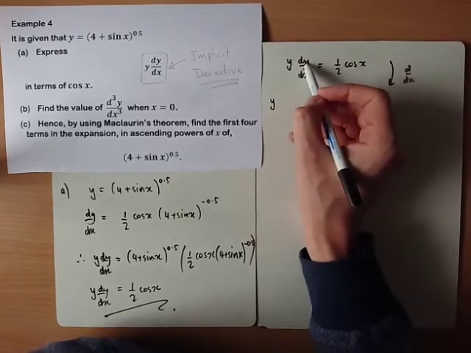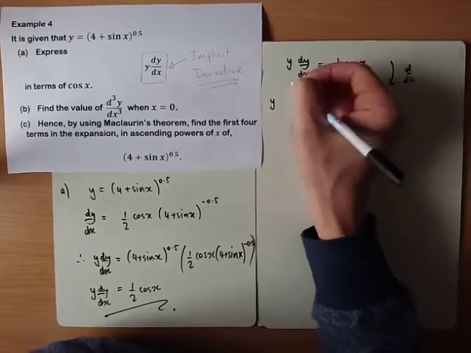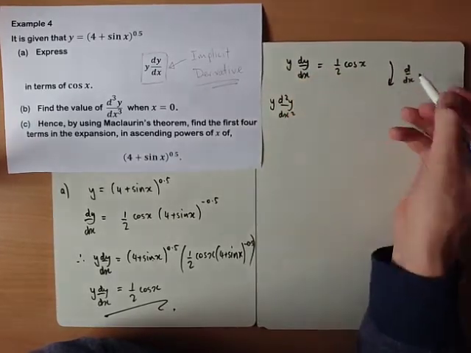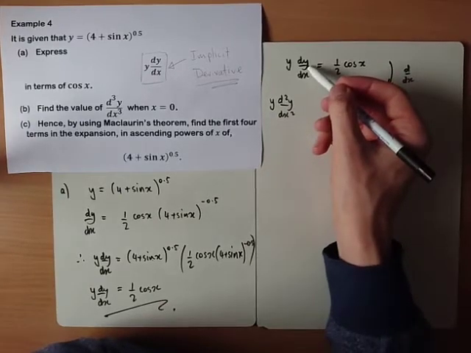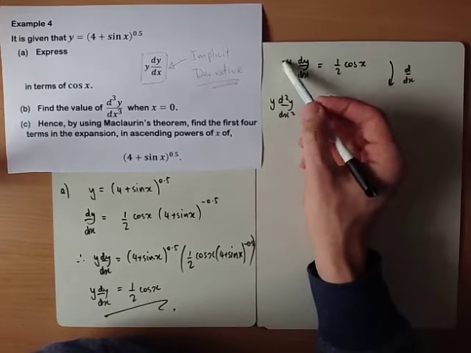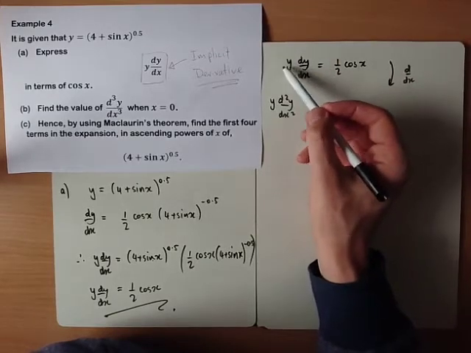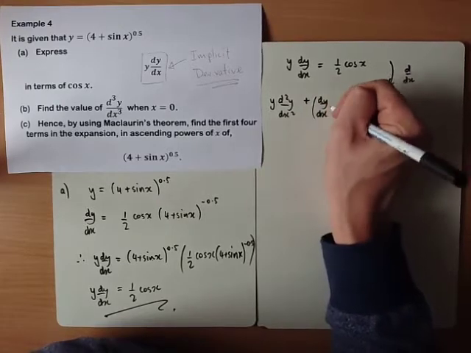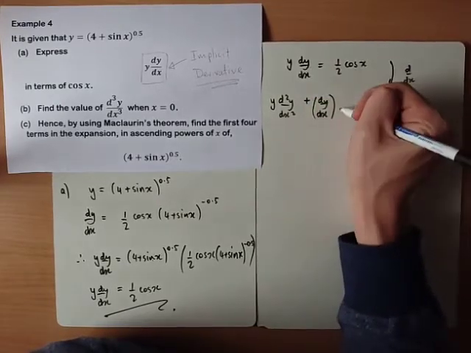So u times dv, if I differentiate this, that would be d2y by dx squared, because we're differentiating with respect to x. Plus, now this is where you've got to be careful, you differentiate y with respect to x, so that would be dy by dx times dy by dx.